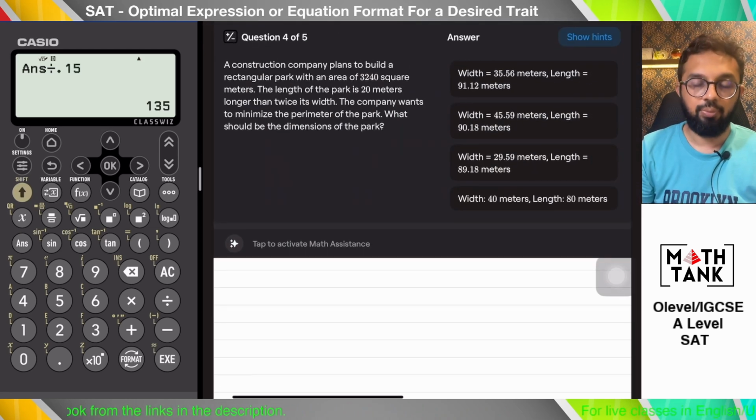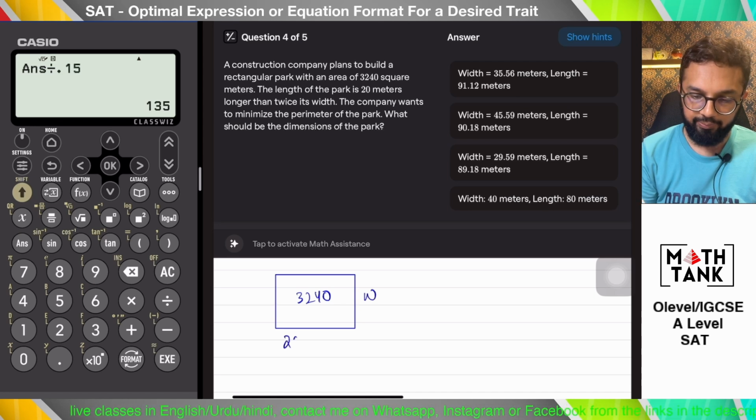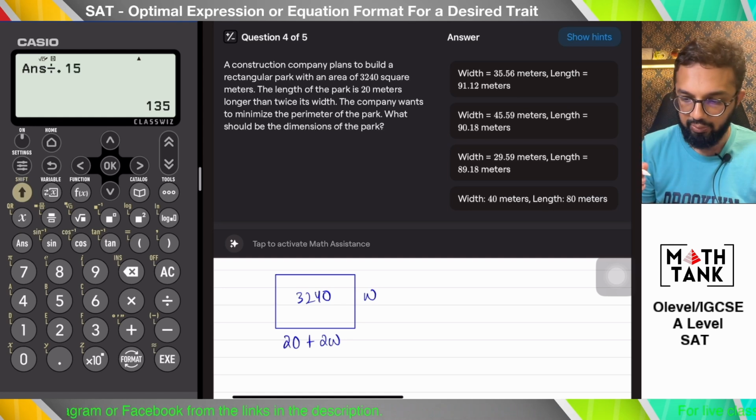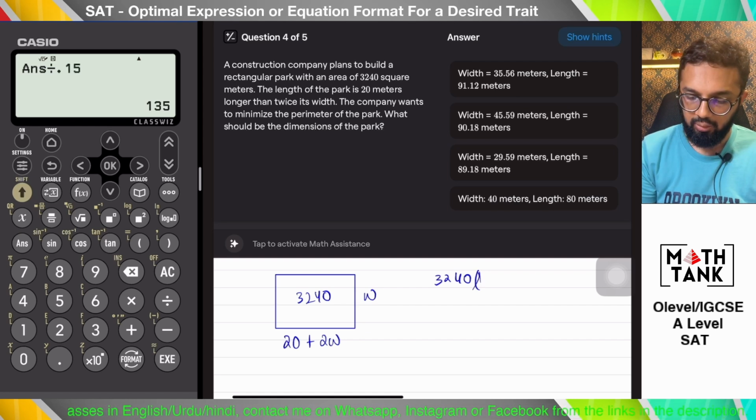Question number four. A construction company plans to build a rectangular park with an area of 3240. The length of the park is 20 meters longer than twice its width. The company wants to minimize the perimeter of the park. What should be the dimensions of the park? The area should be length into width.